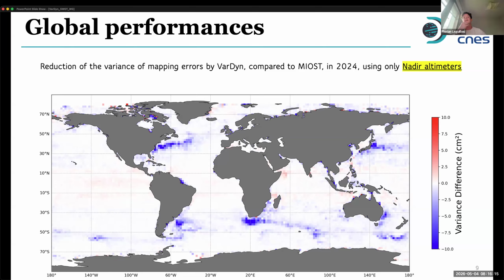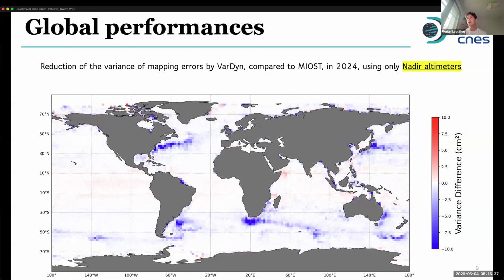But we are working now on implementing non-linear shallow water in the tropical band to replace the QG model in order to have better performances in the tropical band. But still, in all the mid latitudes, we have very good performances using VarDyn compared to MIOST.